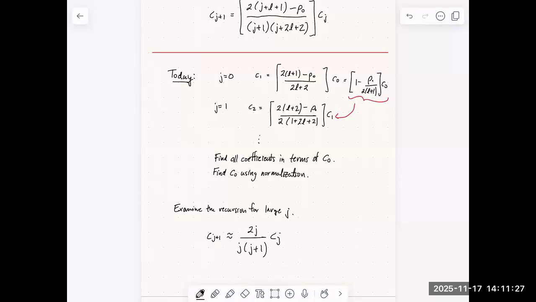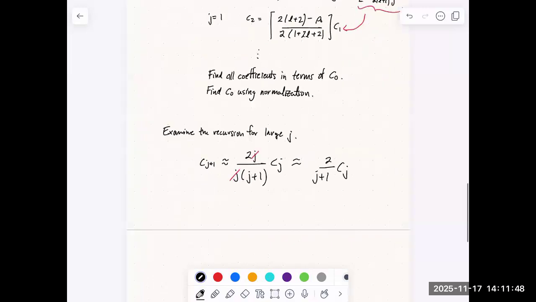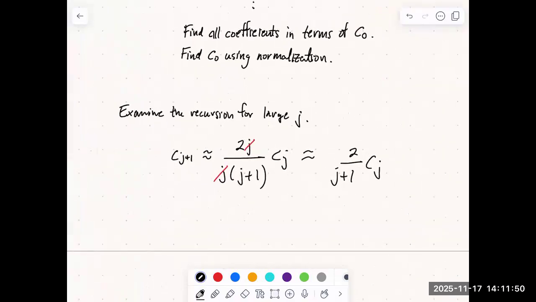Now what we could do is we can cancel a factor of j. If I wanted to, I could probably ignore the plus 1 as well, but I'm going to keep it in there just for convenience. And so this is approximately 2j plus 1 cj. All right, so that's the large J approximation.